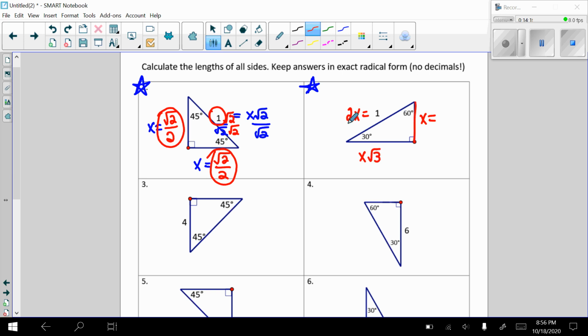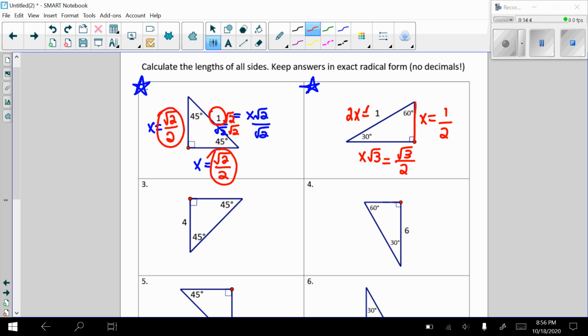So to solve for x, we would divide by 2 on each side, which gives us an x value of 1/2. And now when we take that 1/2 and we drop it in right here, we get 1 times root 3 over 2, which can be cleaned up to be root 3 over 2.